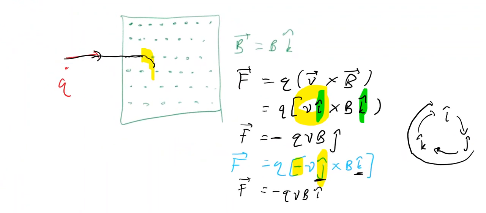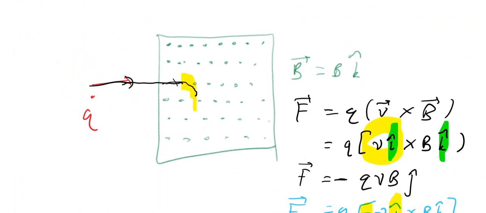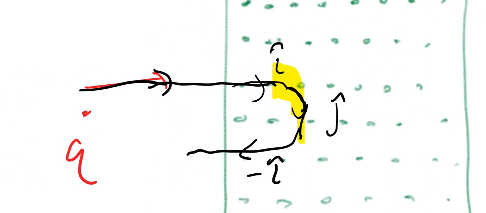Look at the figure. So this is the positive X direction, I cap. This is negative J cap, and then negative, minus I cap. It means that when the particle enters the magnetic field, it takes a semicircular path and it comes back.